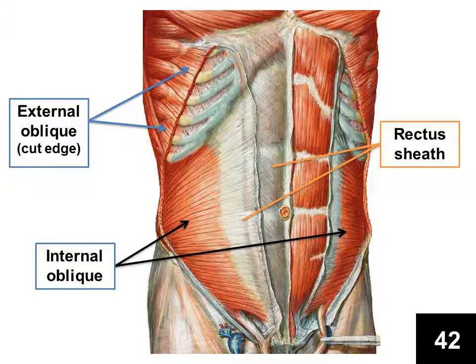Now laterally the muscle fibers of the internal oblique lie immediately in front of the deep inguinal ring, and medially the conjoint tendon lies behind the superficial inguinal ring.